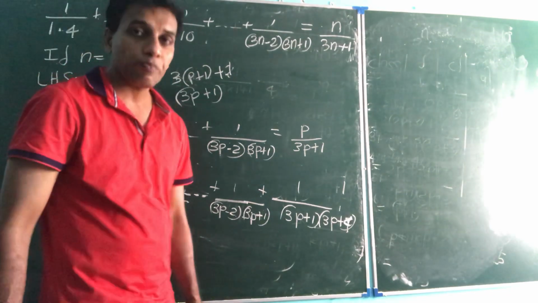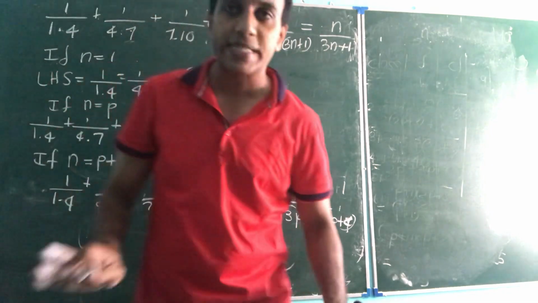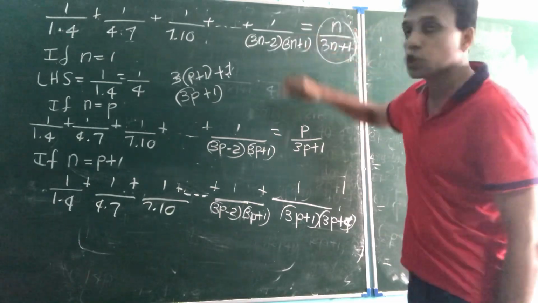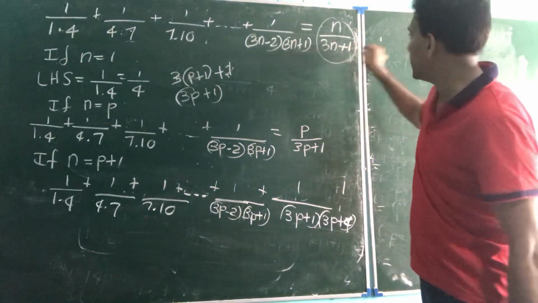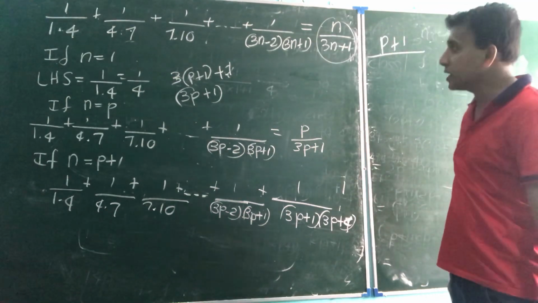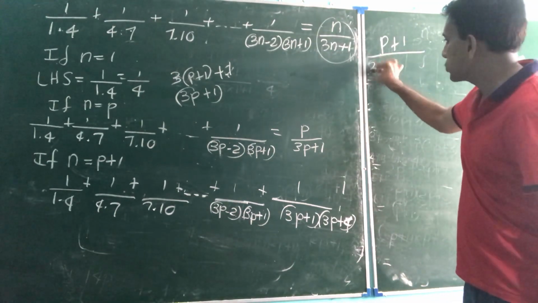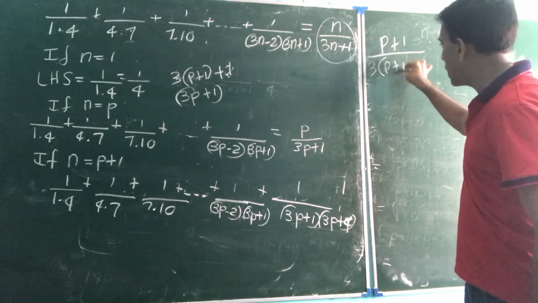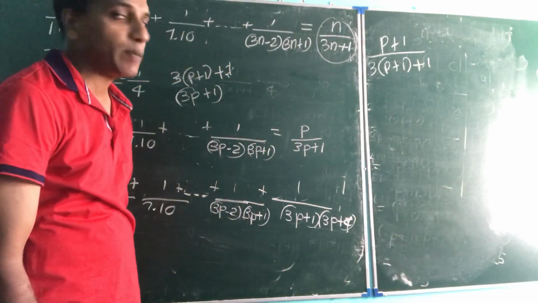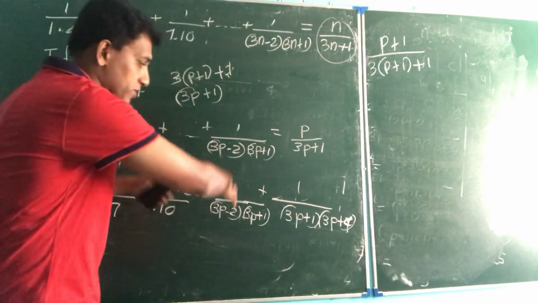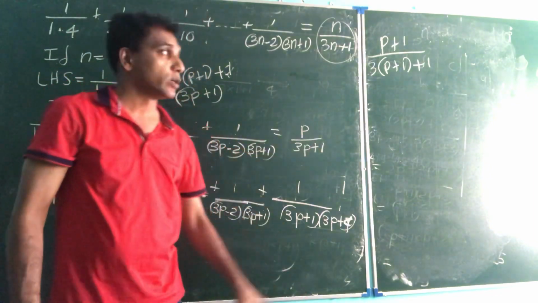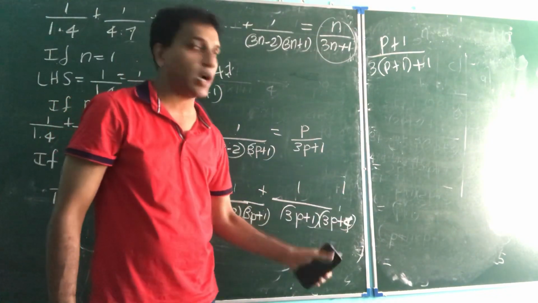Next we have to show, if you completely simplify, what is the answer? So stop the video and think what the answer should be. If you write n for p plus 1, it is p plus 1 over 3p plus 1 plus 1, that means p plus 1 over 3p plus 4. To simplify everything, the answer should come like that: p plus 1 over 3 into (p plus 1) plus 1.